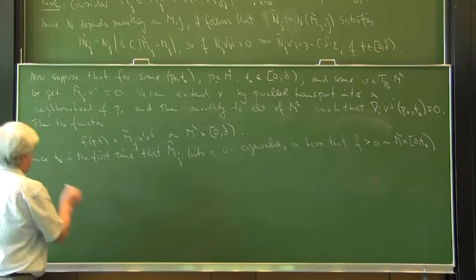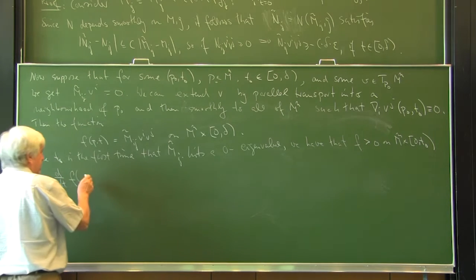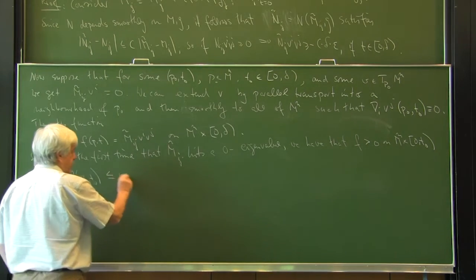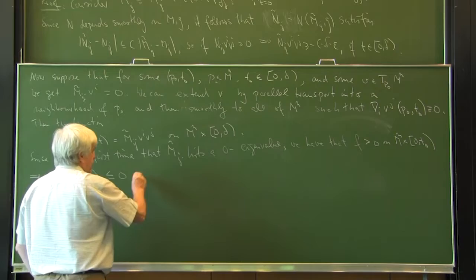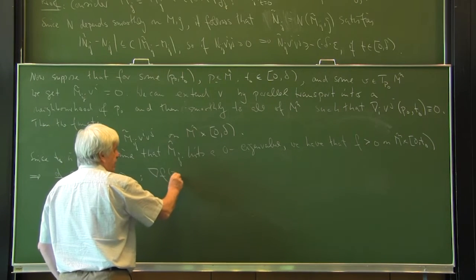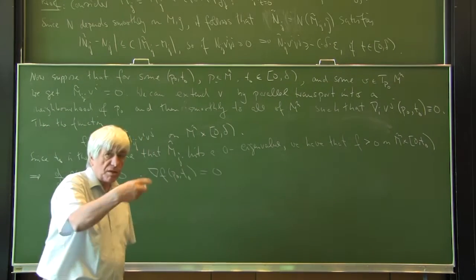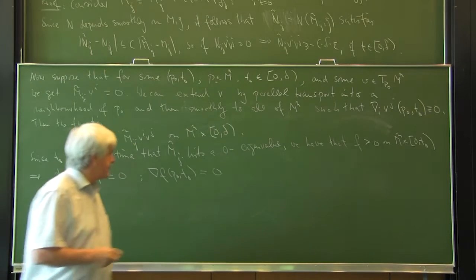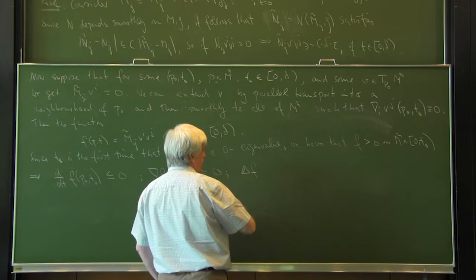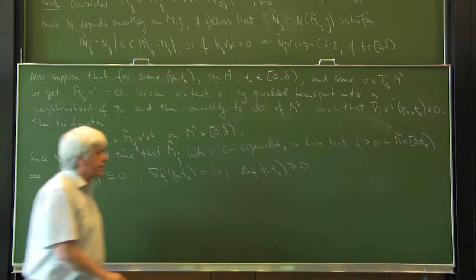And this implies that the time derivative of f at P0 T0 must be less or equal to 0. It must also mean that the gradient of f at P0 T0 is equal to 0 because it's a minimum on the manifold. And we must have that the Laplacian of f at P0 T0 is greater or equal to 0, again because it is a minimum.